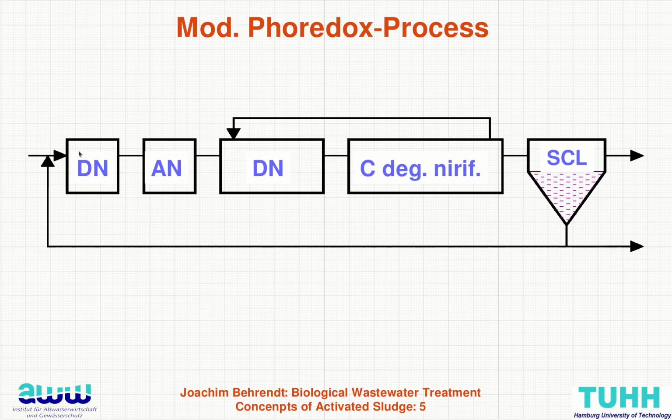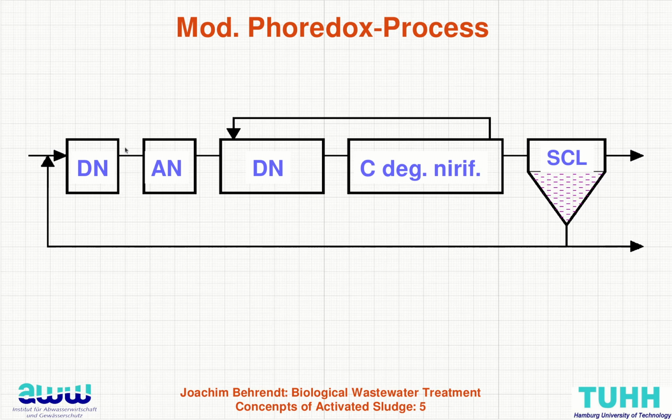Finally, the idea is to make a denitrification beforehand, the modified Phoredox process. Also finally the return sludge is also denitrified in an extra basin using the C sources of the influent. This is also a good idea, but there is also a disadvantage inside.